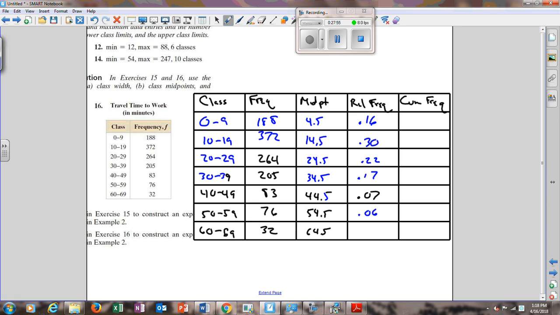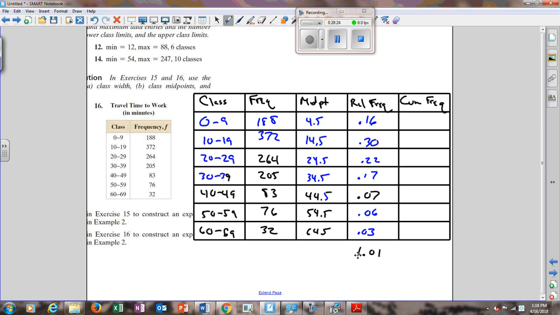And 32 divided by 1220 gives you about 0.03. Again, add those all up, those should give you close to 1. In this case, it gave us 1.01.